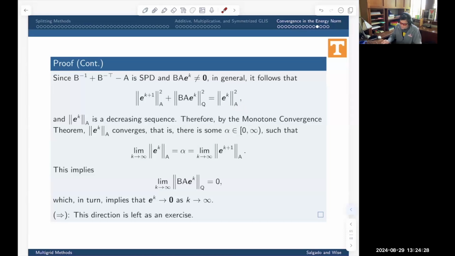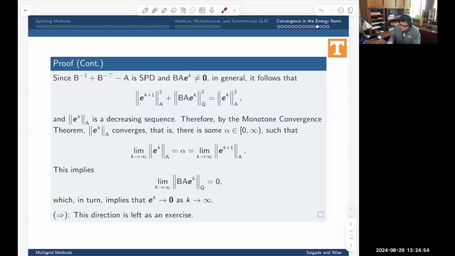equals the A norm of e_k squared. So you can see that to obtain the (k+1)th step, I have to add something on to it in order to get to the kth step. Or let me say it in another way. This must be smaller than this because I have to add something positive or non-negative to it.